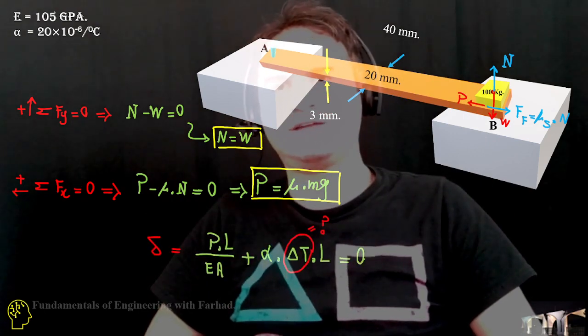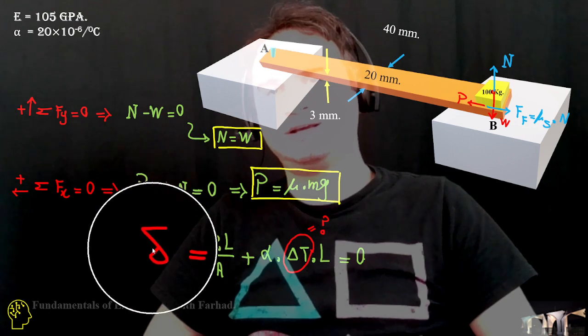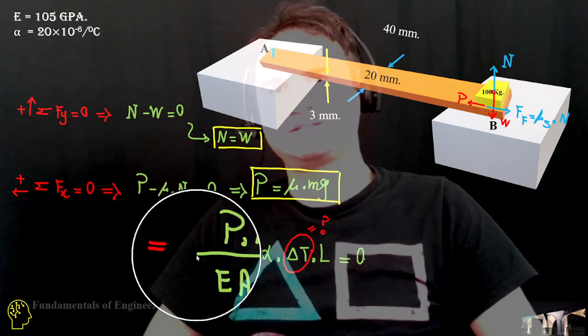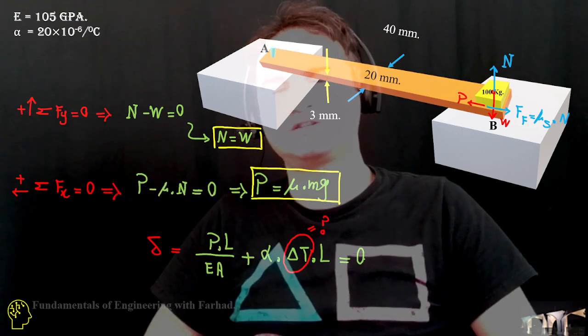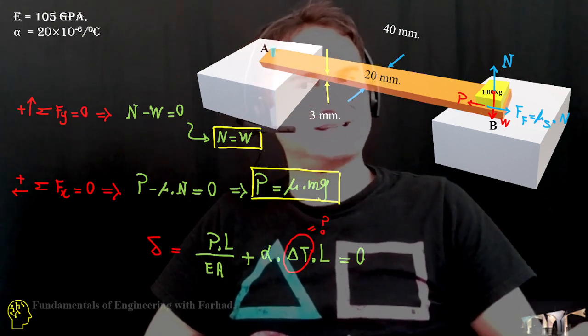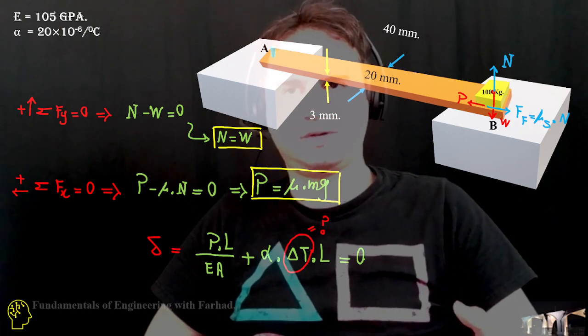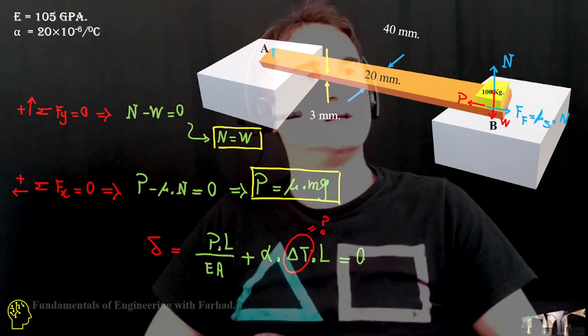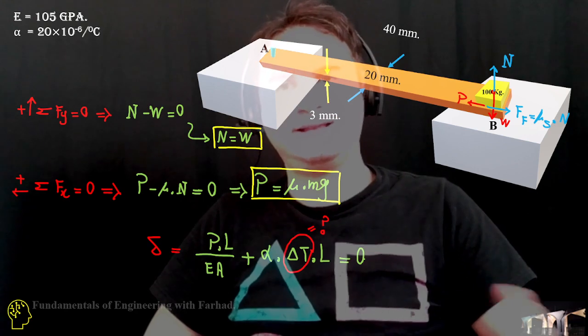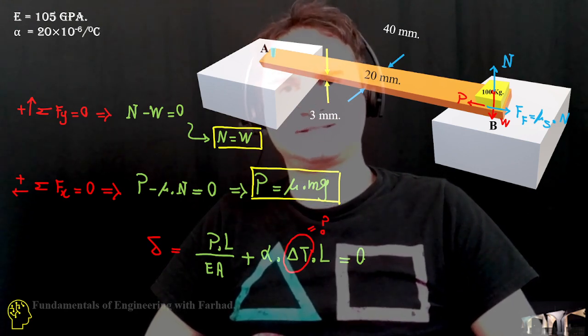As soon as we have these two equations, we write down the displacement equation from mechanics of material, PL over EA: the axial force times the length of our piece over the modulus of elasticity times the cross-sectional area, plus alpha delta T times the length.